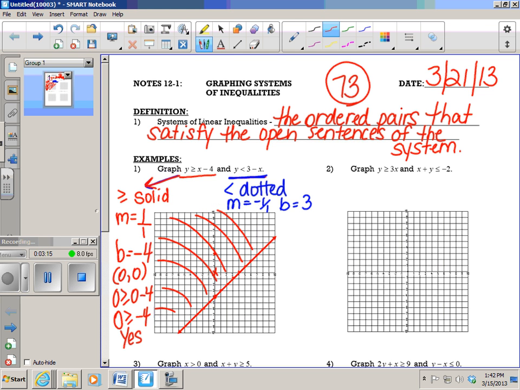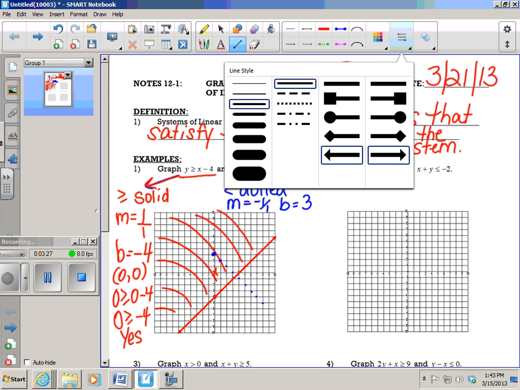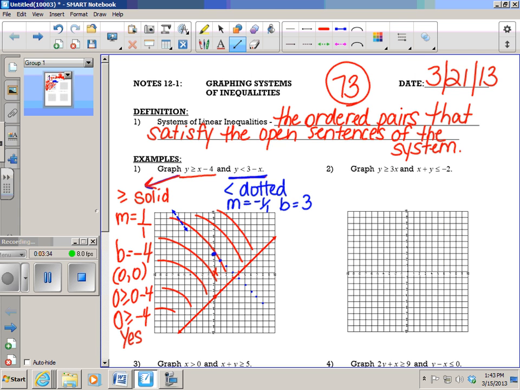Now I'm going to switch to blue, plotting the y-intercept first at b equals 3. Going down 1/1, down 1/1, and drawing my straight line that is dashed or dotted. Looks like that. And now I'm going to test the point 0, 0. 0 is less than 3 minus 0.